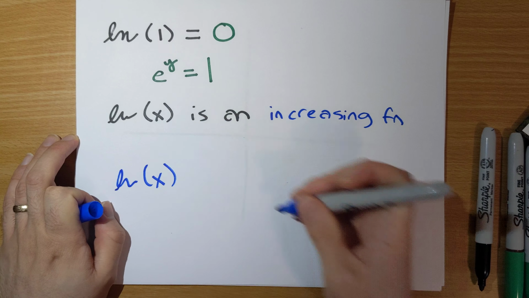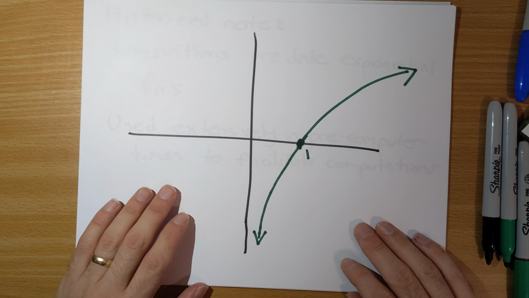It looks like this, and then, as x gets closer and closer to 0 from the right here, this keeps getting closer and closer to the y-axis, but keeps going down. It goes down to negative infinity. You can make this as negative as you want to. We'll be able to make that more precise in chapter 2.